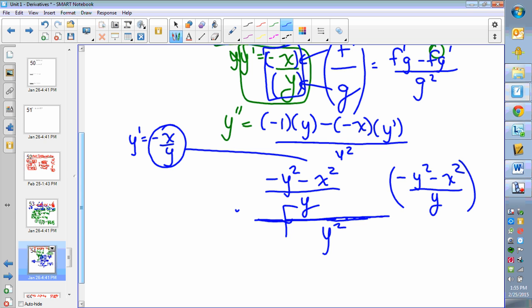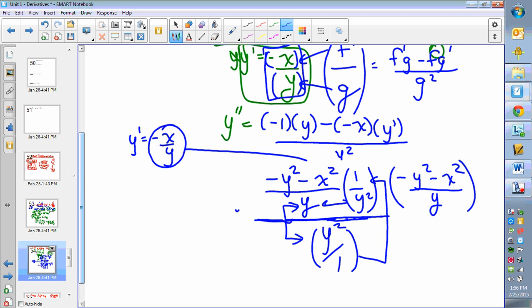Well, we've learned a few times now that you can just get those two together, because you would take y squared over 1 as a fraction, bring it up, invert it, and multiply, and so that becomes a y cubed. So now we've got negative y squared minus x squared over y to the 3rd power.